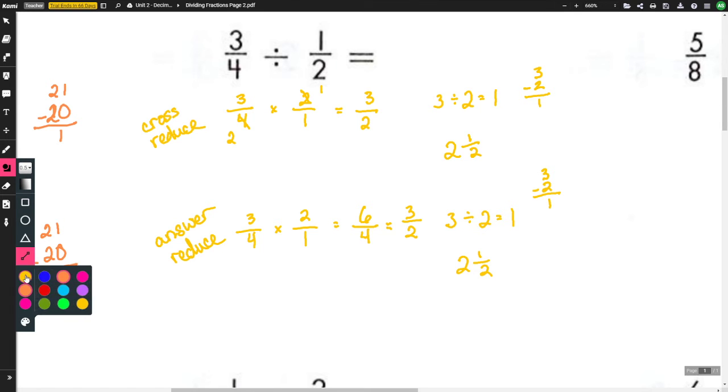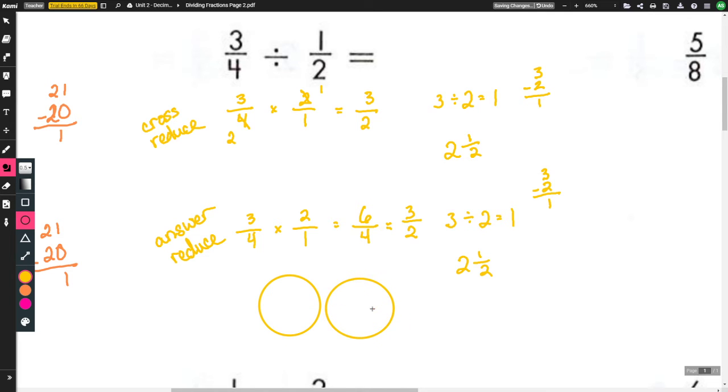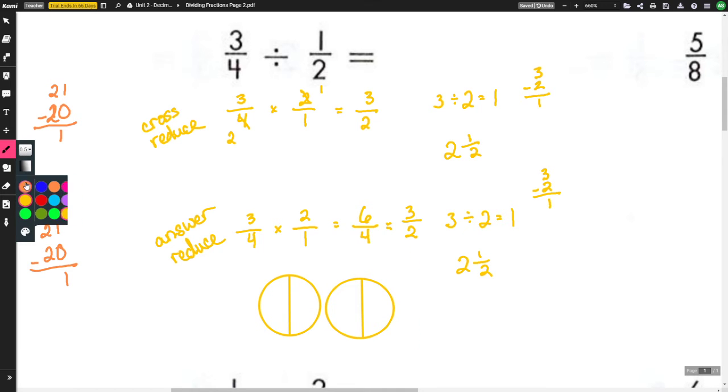And if I were to draw my circle, and color 3 of these, you would see I end up with one whole circle colored in, and the second one only half of it colored.